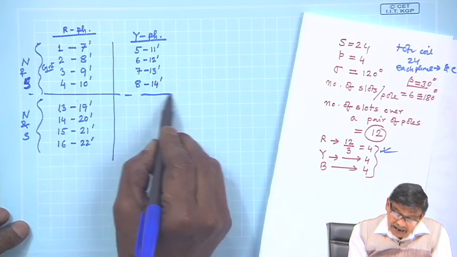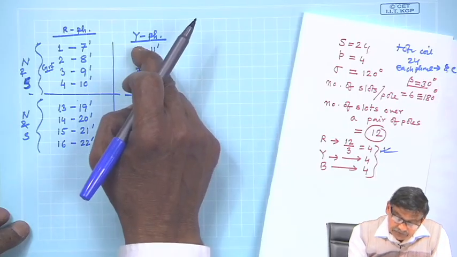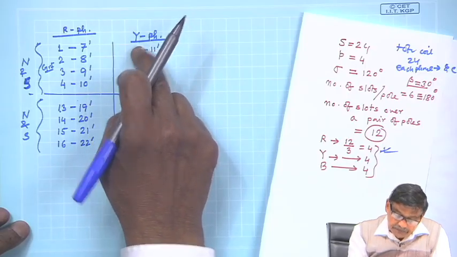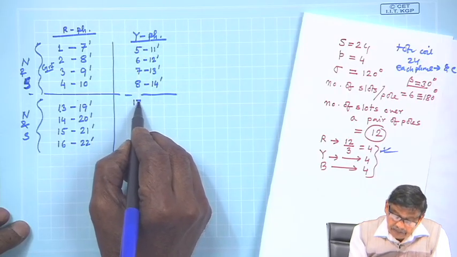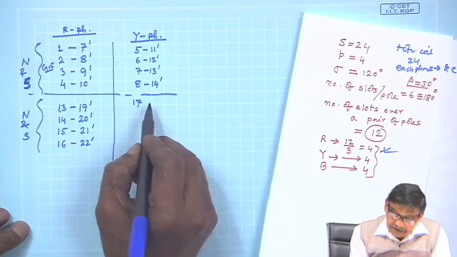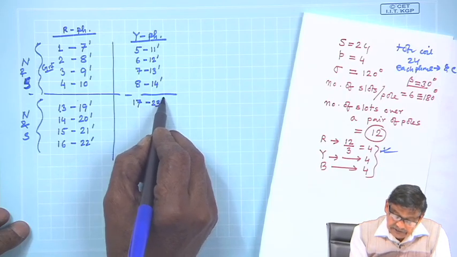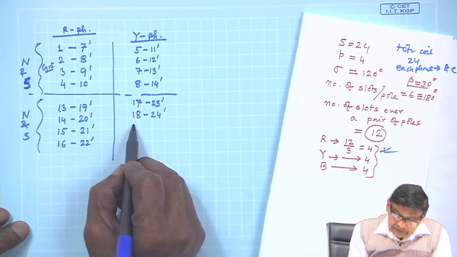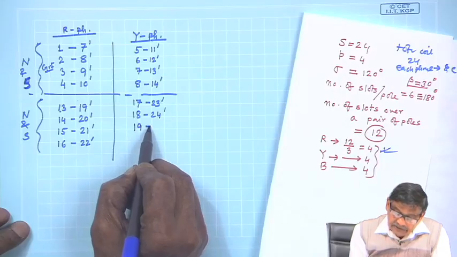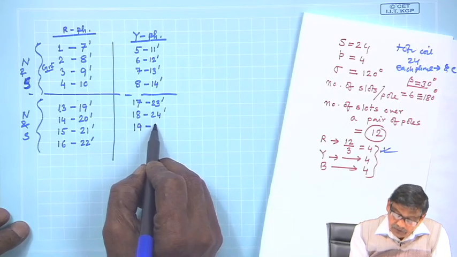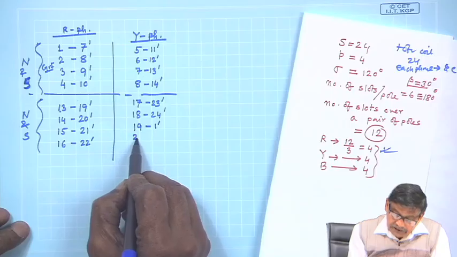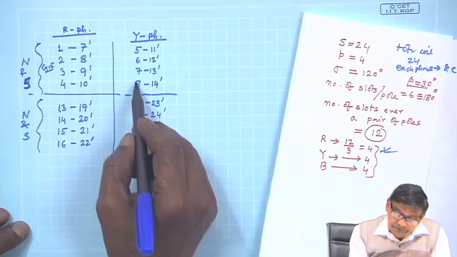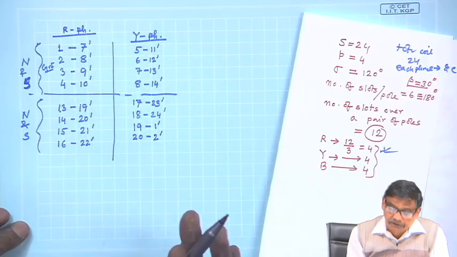And then after 2 poles, you add 12 to 5 to get 17, and then plus 6, the coil span, 23 dashed, 18, 24 dashed, 19, 25 dashed, that is 1 dashed, 20, 2 dashed. All 8 coils are over.